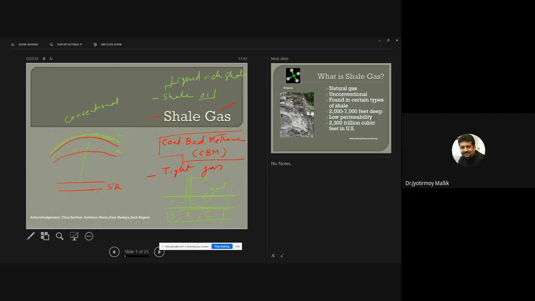You can club them into the same sort of reservoirs; only the type of fluid changes. You only have one rock unit which acts as a source rock, a reservoir rock, and a cap rock. You virtually do not need the presence of a trap, and you can simply drill through the shale and take out either gas or oil. Hence it is called unconventional.